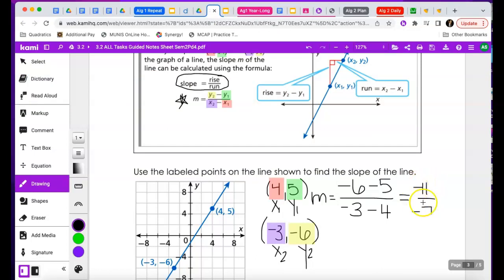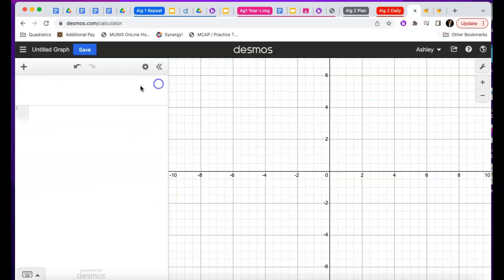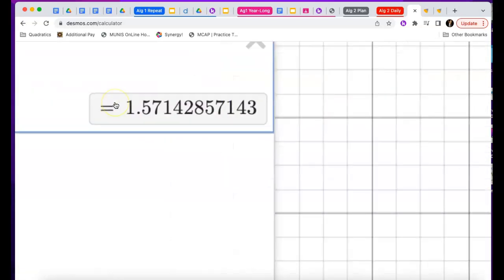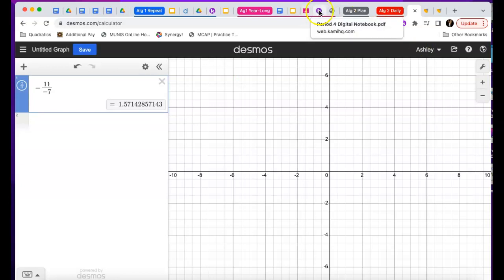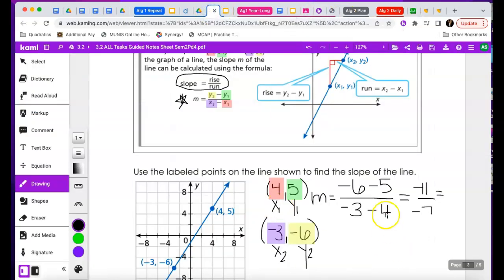So my slope is -11 divided by -7. And that's one more thing that I'll put in my calculator. -11 divided by -7, which gives me a decimal, and I can round that decimal, 1.57. So my slope of this line is equal to 1.57.